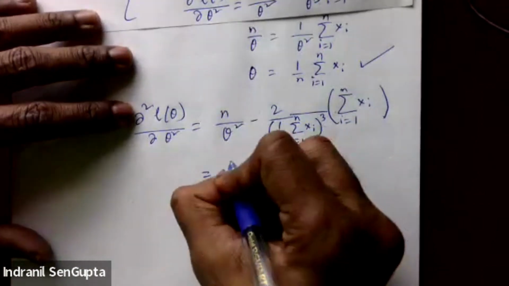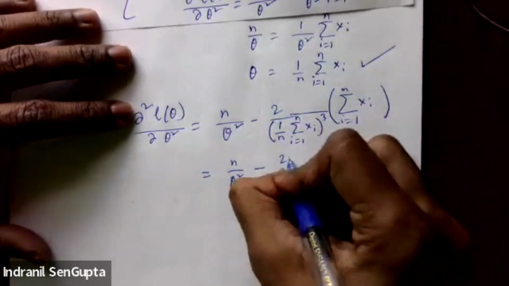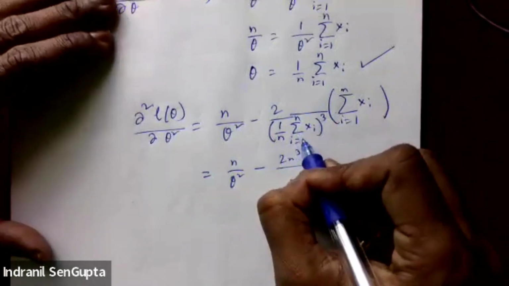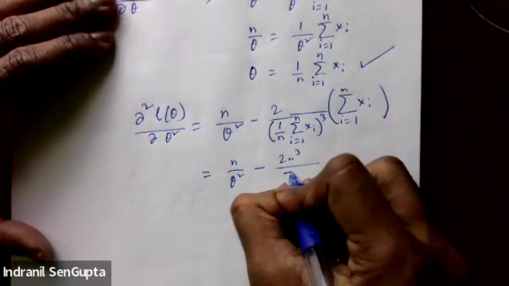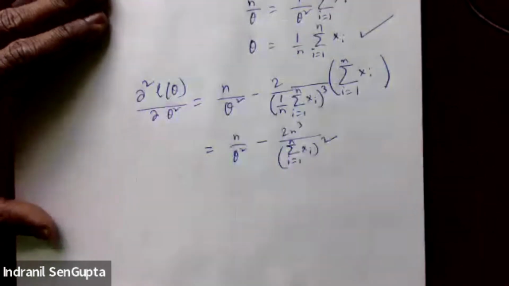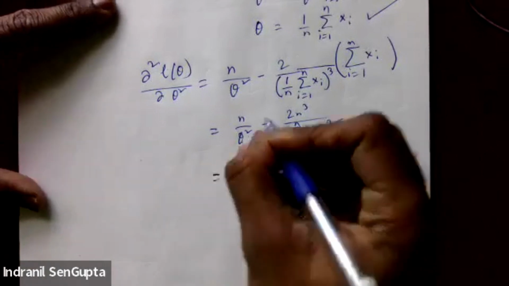We observe that this is going to be n over theta squared minus, there is an n cubed, so it's 2n cubed. And then we have the summation from i equals 1 to n of xi squared, right? And now let's replace the value of theta here.